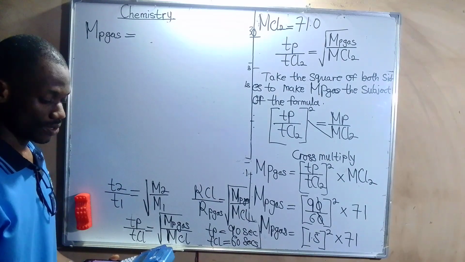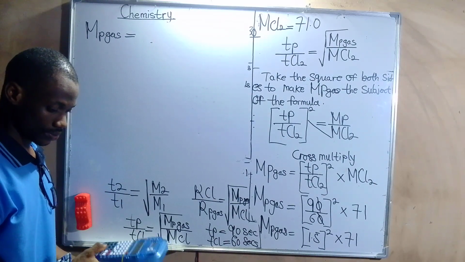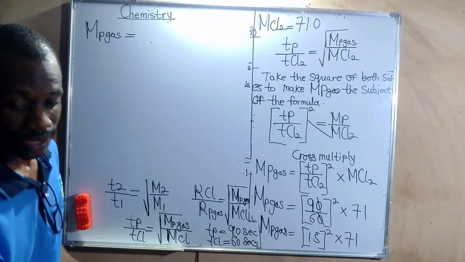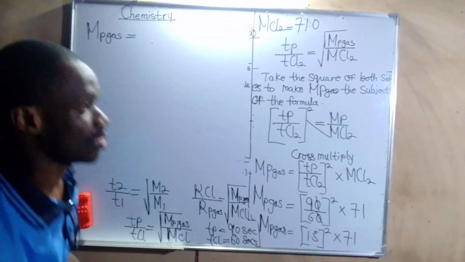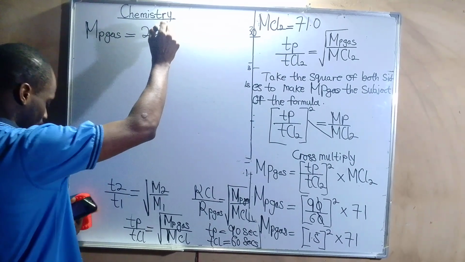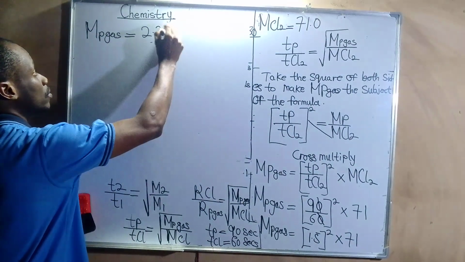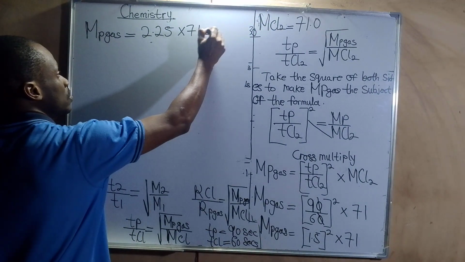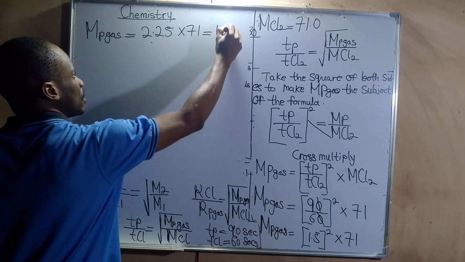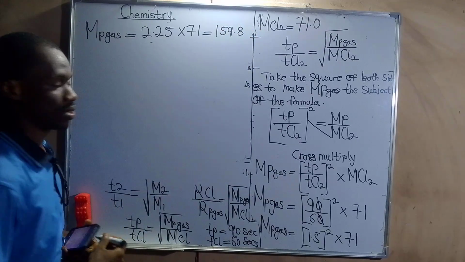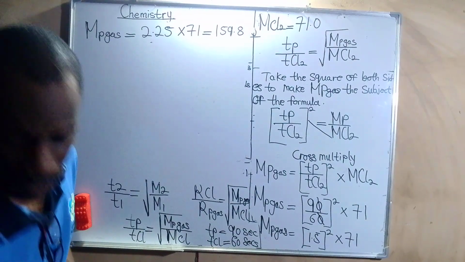Then times 71, it will give me 159.8 approximately. So this is 2.25 times 71, which equals 159 point approximately 8.